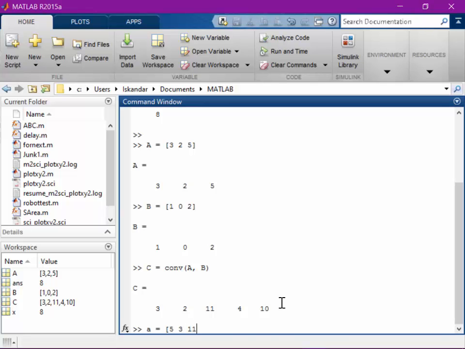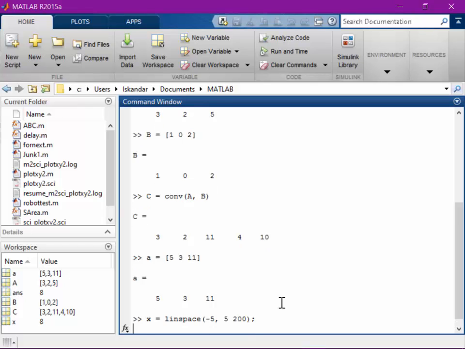So there's our polynomial. We're going to say x is equal to, bracket, -5, and I'm just going to use linspace, -5 to 5, 200 points.